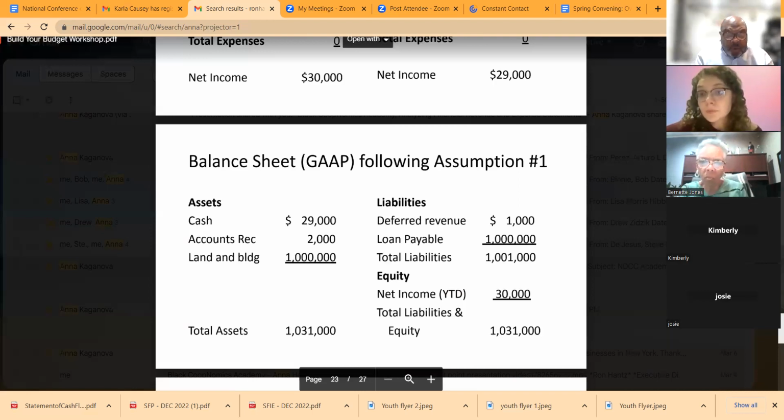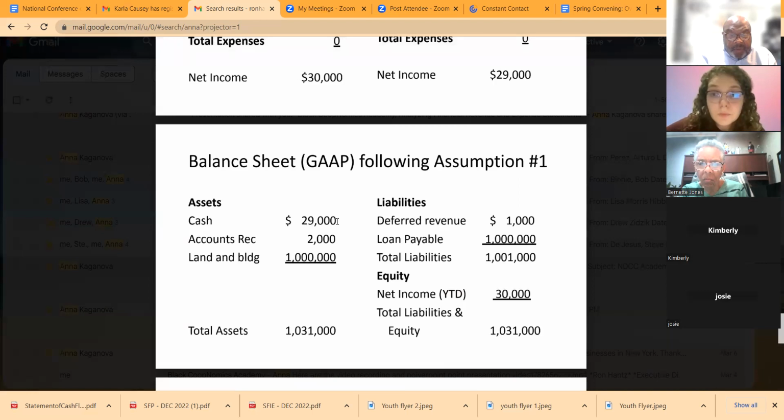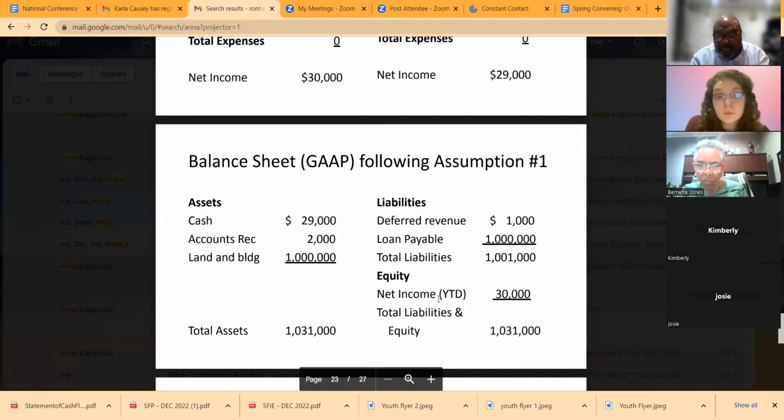So I can see where this is relevant: the cash on the GAAP side is $29,000, the accounts receivable from the 2 who did not pay is $2,000, and that came up to $1,031,000. And so we're seeing the balance in the balance sheet here.